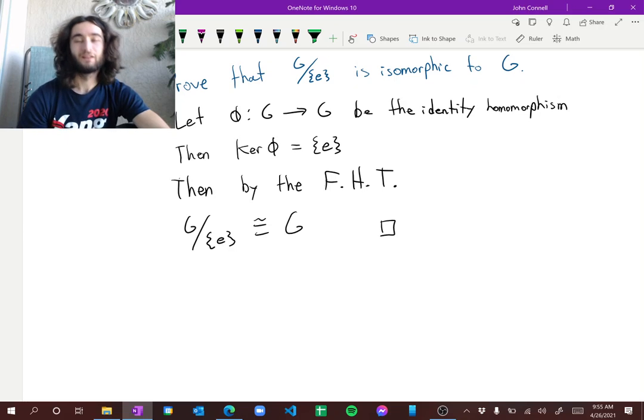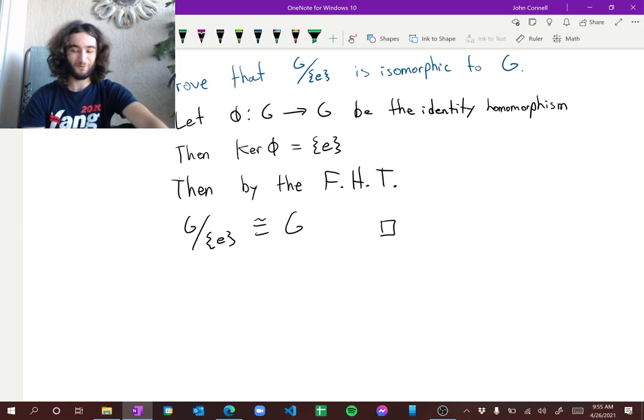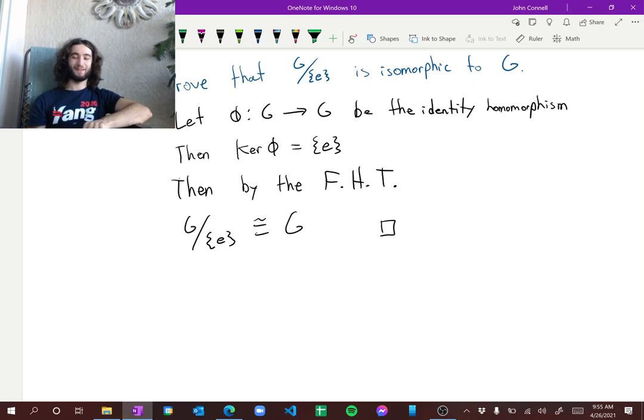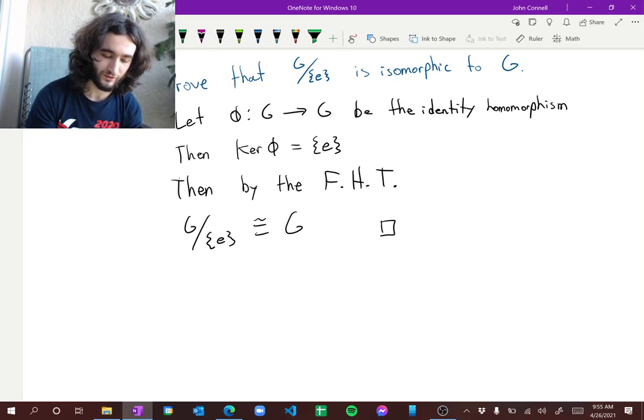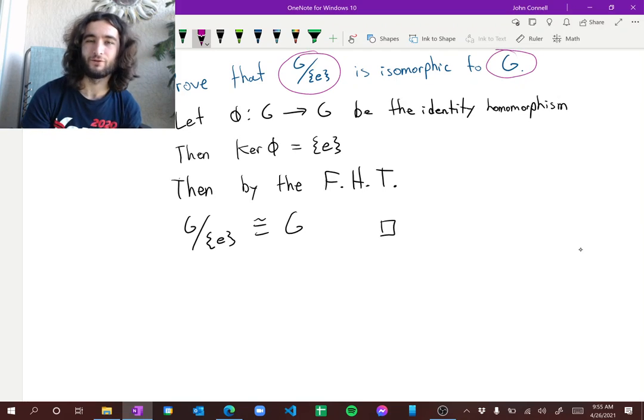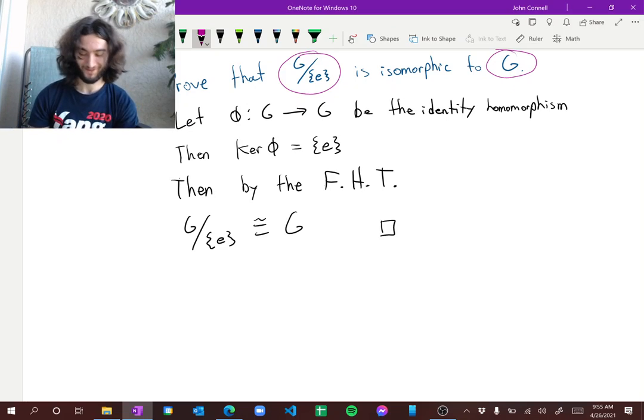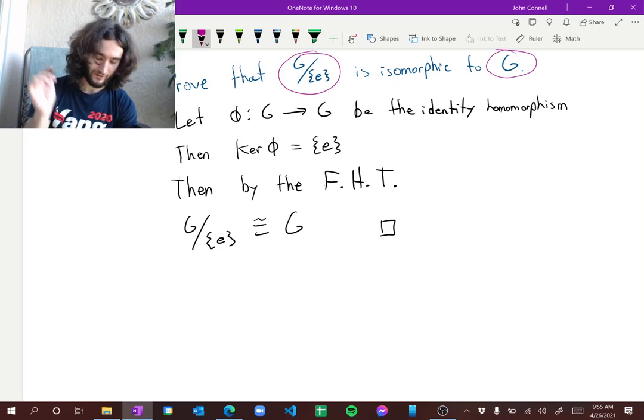So if you use the fundamental homomorphism theorem this way, it really tells you the answer here, which is that when you mod out by the trivial group, you haven't really changed anything. It's kind of like dividing by 1. You can, but you don't actually do anything. So yeah, that's number 4.